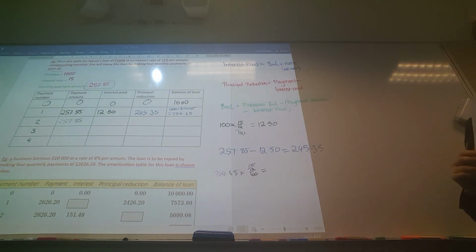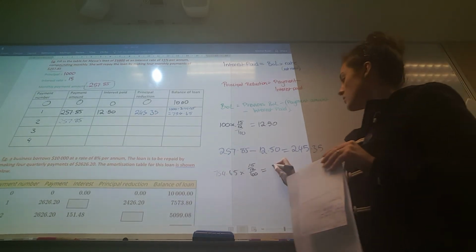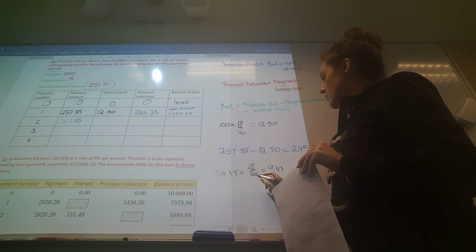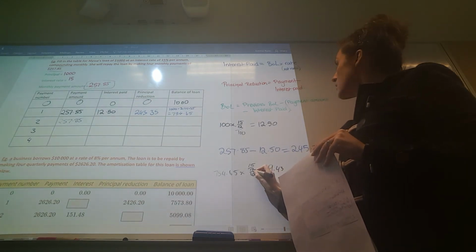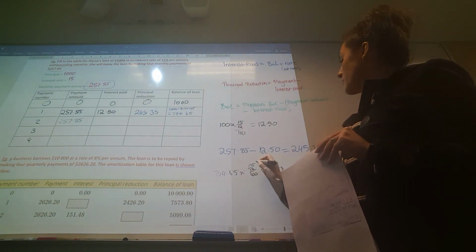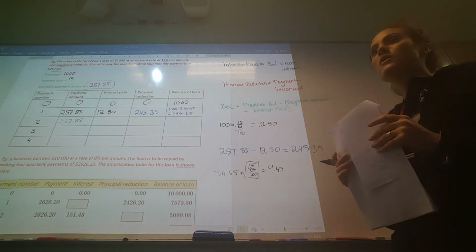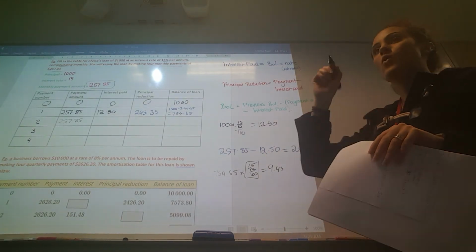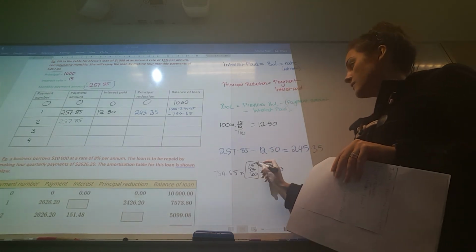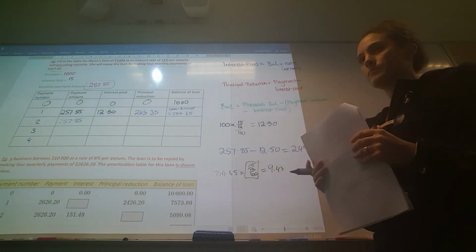Wait, what's the second bit that way? This bit? The balance of the loan. Yep, so the rate. Oh, okay. And the rate's 1. Yeah. The rate is the fraction. Okay.